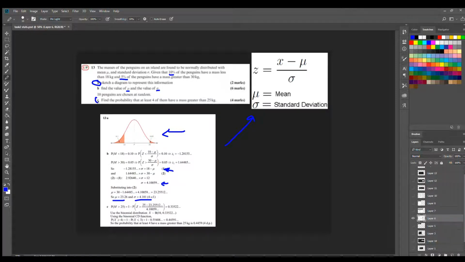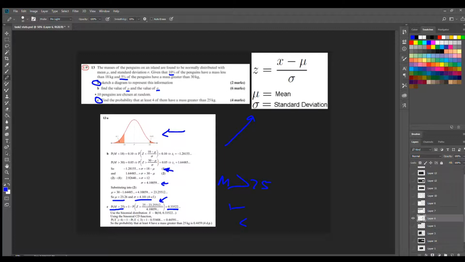And question C is basically asking you to do a binomial distribution. So you write down what it asks, so the mass is greater than 25, and then you use the z formula to code it like so, and then you can find the probability. But since the mass is greater than 25, you have to do 1 minus to make it back to the less than. And then you get the probability for the binomial distribution.